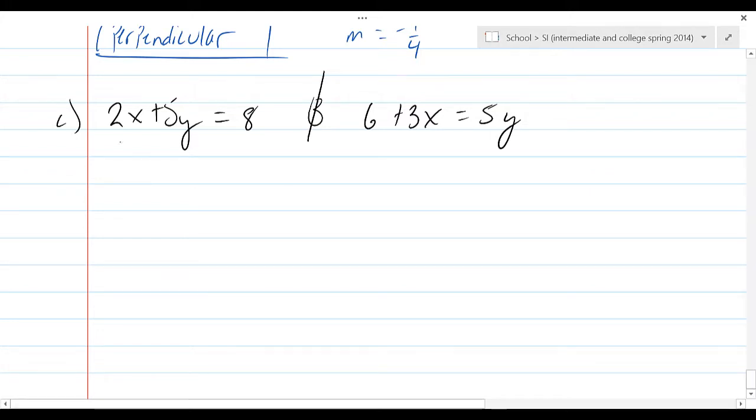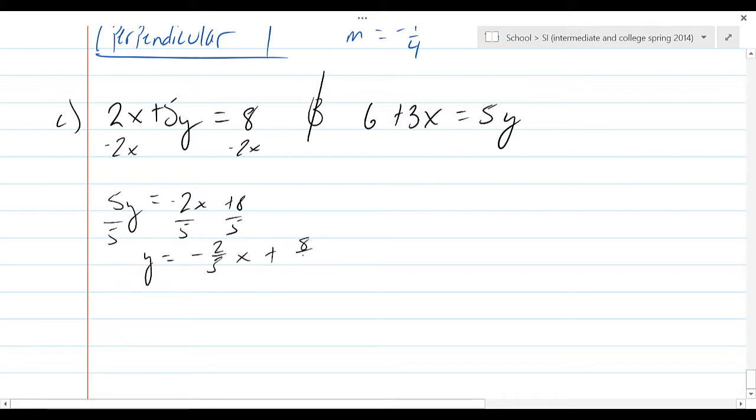Let's first subtract 2x from both sides. I've got 5y equals -2x plus 8. Then I'm going to divide both sides by 5. So I've got y equals -2 over 5 x plus 8 over 5.